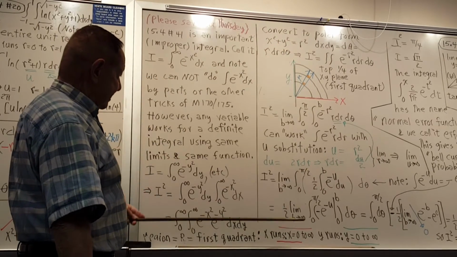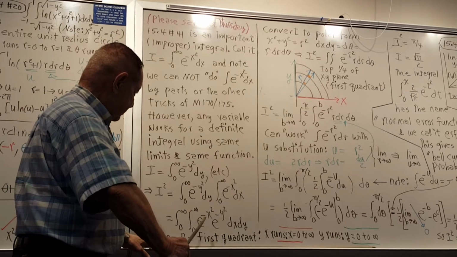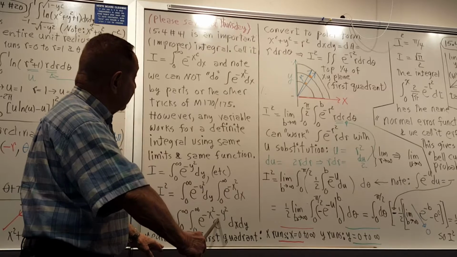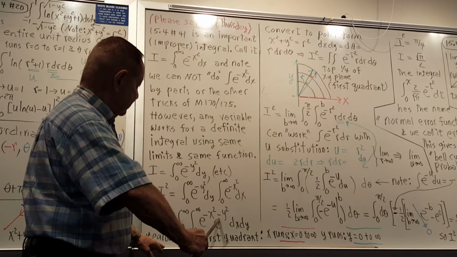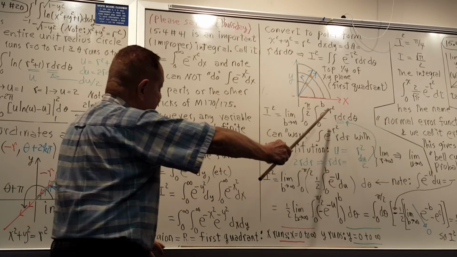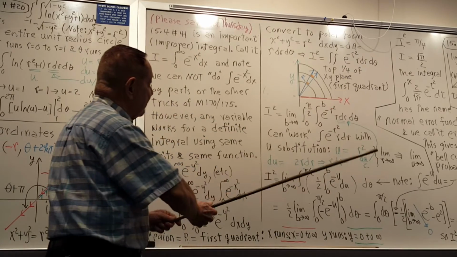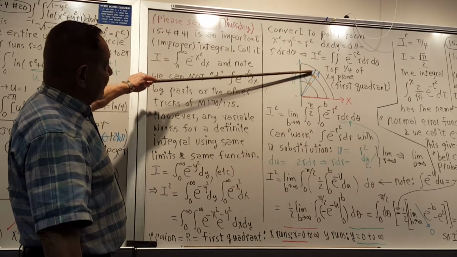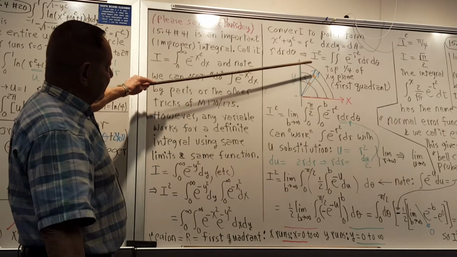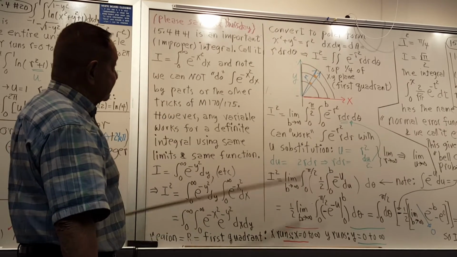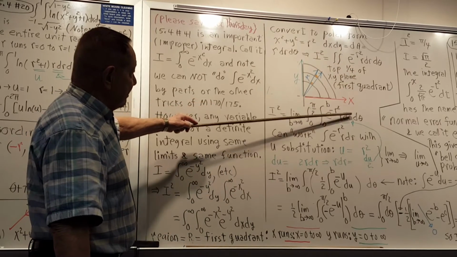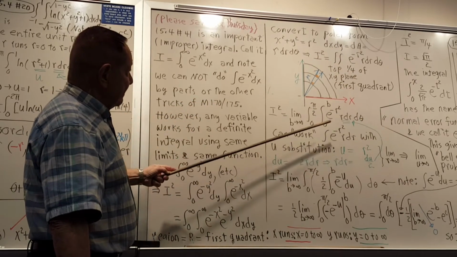The x squared plus y squared, you see this is e to the minus (x squared plus y squared), so it's e to the minus r squared. And our differential area, instead of dx dy or dy dx, is r dr d theta.